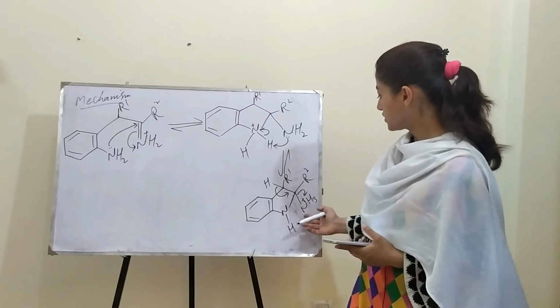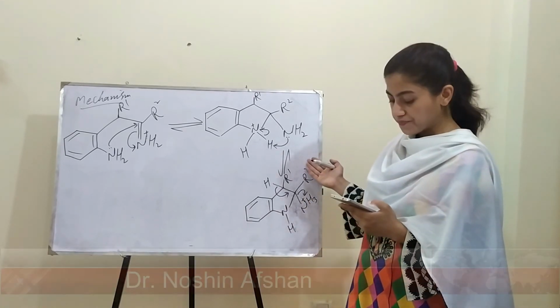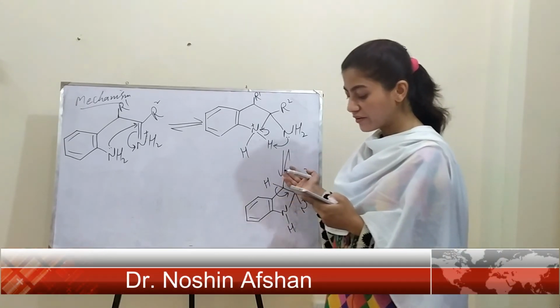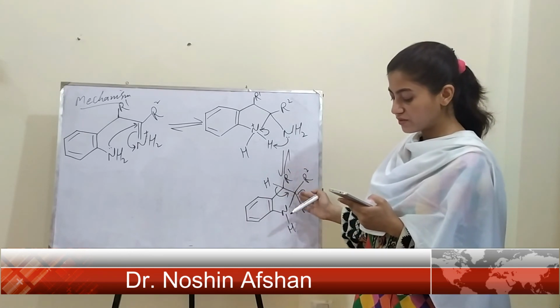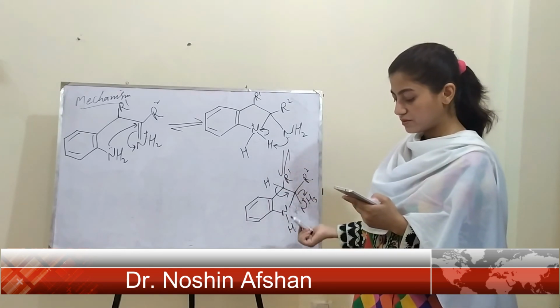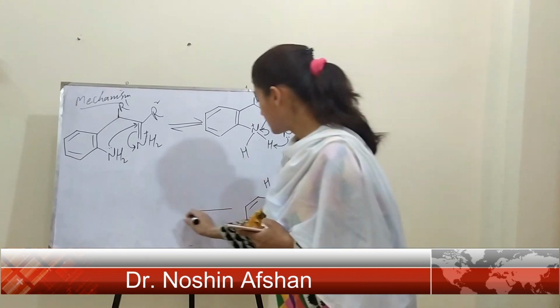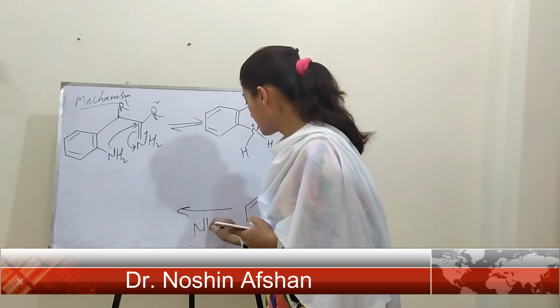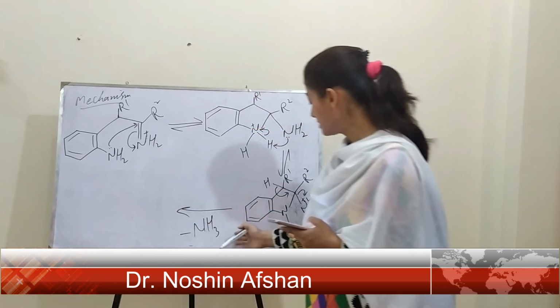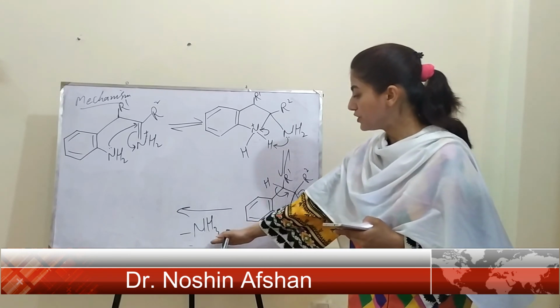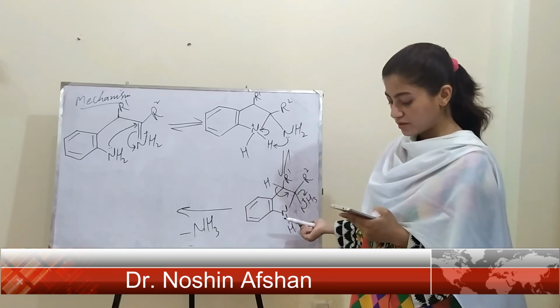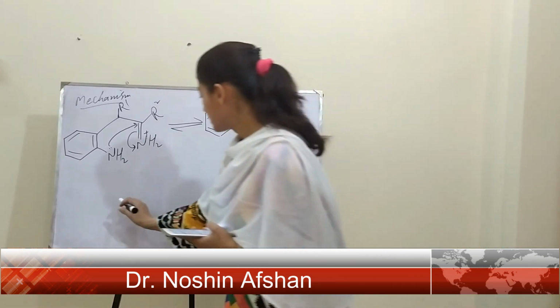So this is the position where we see that the aryl hydrazone gets rearranged with the elimination of ammonia. Here the ammonia is eliminated, so we say that with the elimination of ammonia it gets converted into indole.